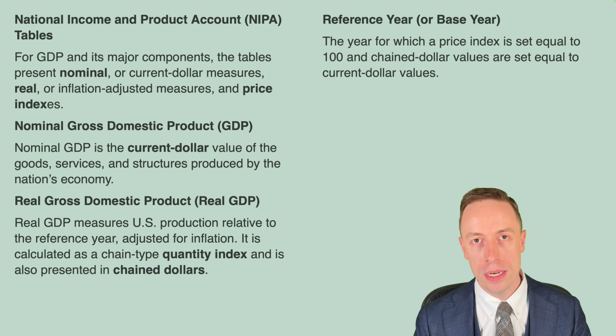So really, our comparison is not so good using these two numbers since we are measuring two changes at once. This is where the idea of real gross domestic product comes in.